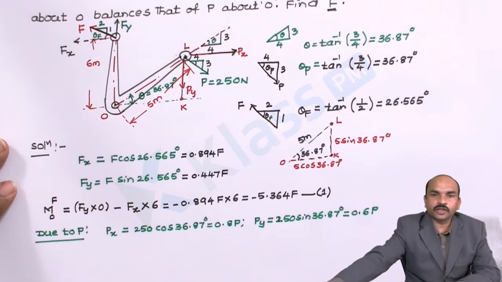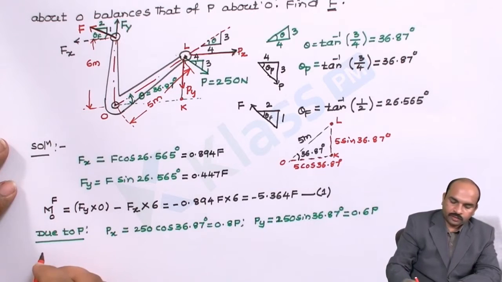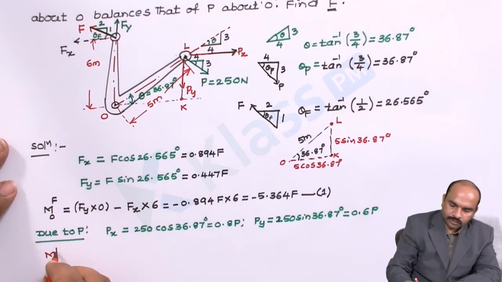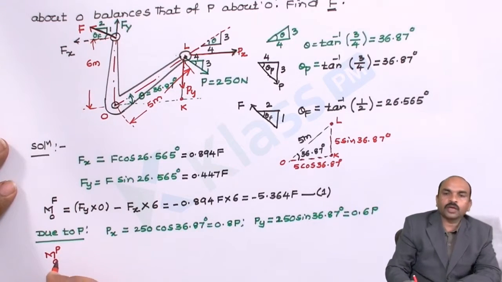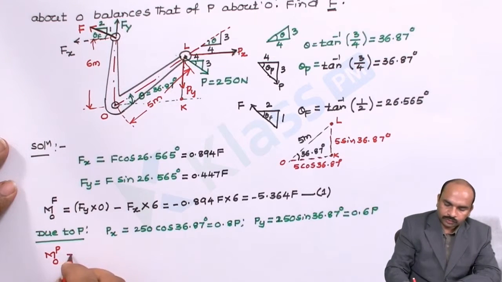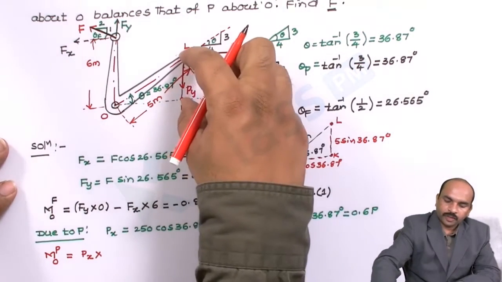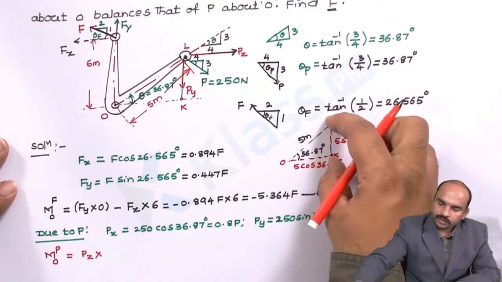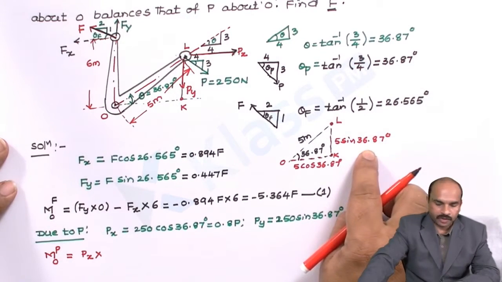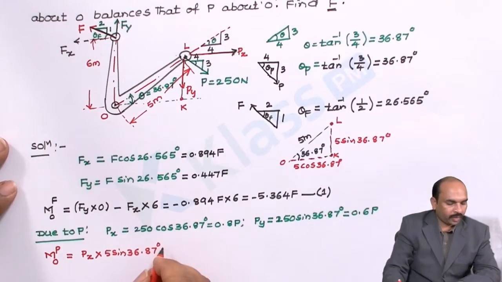Now let us write the moment equation for the force P about point O, that is Px into its perpendicular distance KL, that is 5 sin 36.87 degrees.